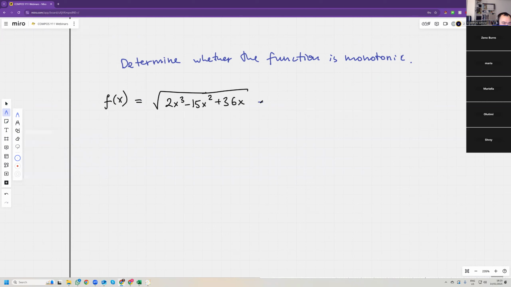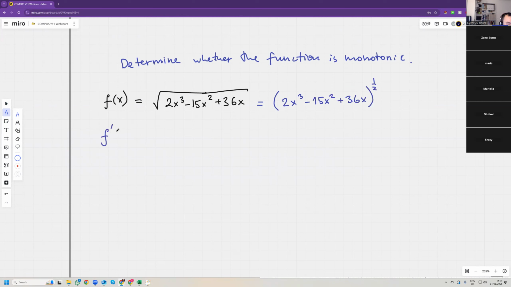And before I differentiate, I'm going to simplify this and say 2x cubed minus 15x squared plus 36x to the power 1/2. And now I can differentiate it using the chain rule.